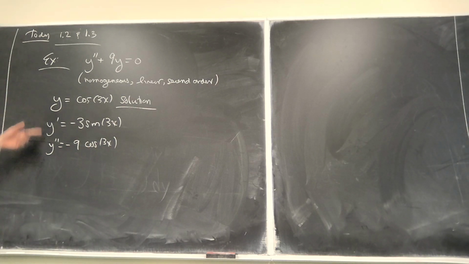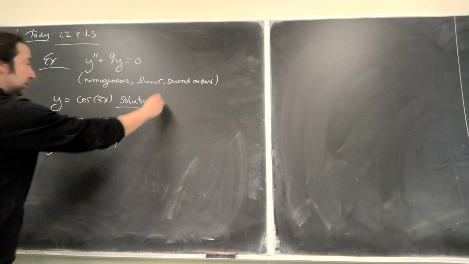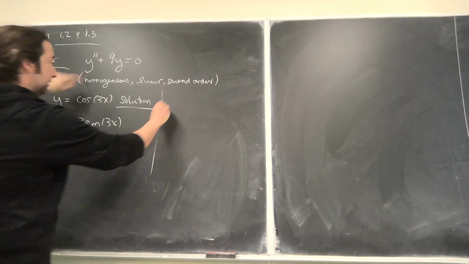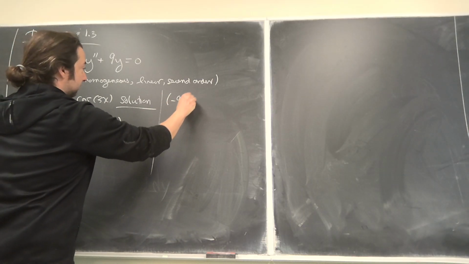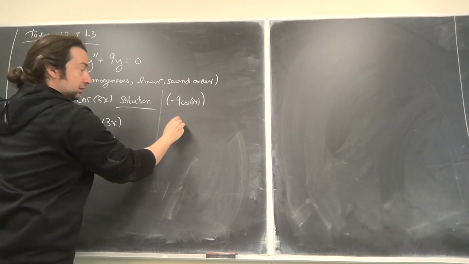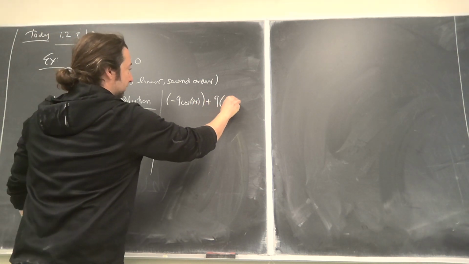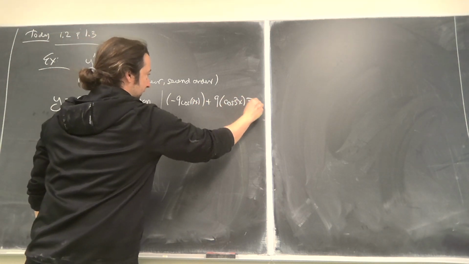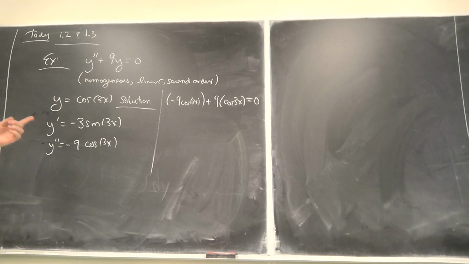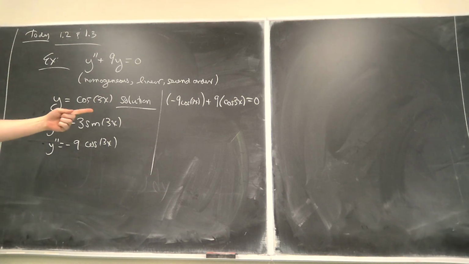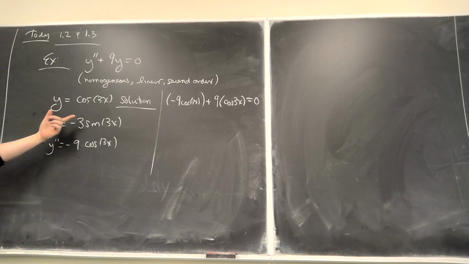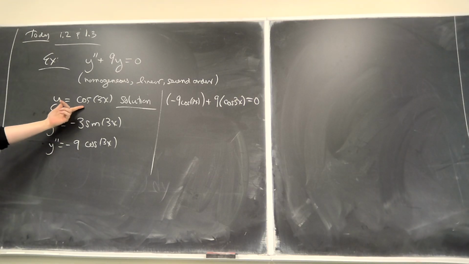If you plug these back into the original equation, y double prime was minus 9 times the cosine of 3x, and then you add that to 9 times y. Well, y was the cosine of 3x. That's definitely equal to 0, right? So plugging that function in gives you a true equation, and that's what we mean by saying that this is a solution to the differential equation.